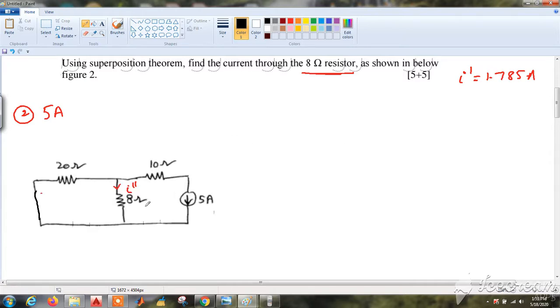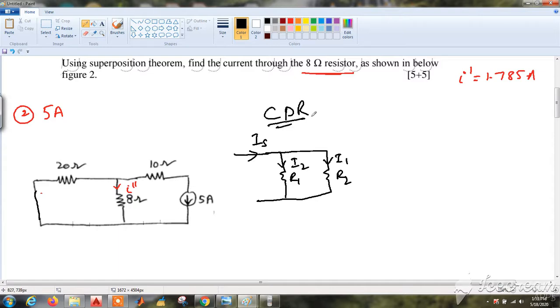Now we can find I double dash by the current division rule. In the current division rule we have got a source current Is. For example, consider parallel resistors where currents I1 and I2 are flowing. This is I1 and this is I2.